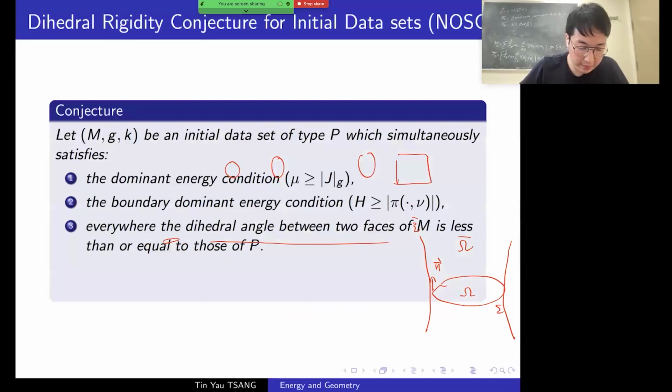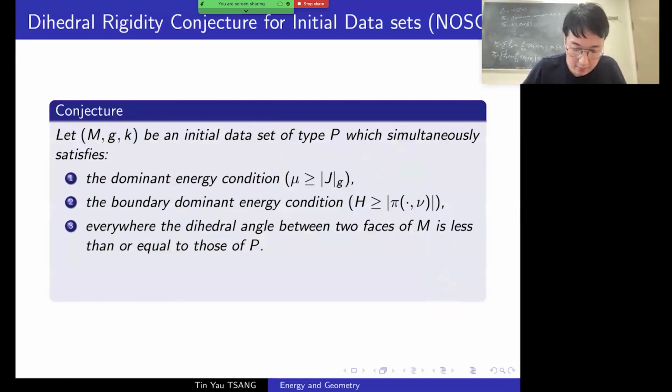This is the following. Dihedral conjecture for initial data sets, which involves not only scalar curvature. Let (M, g, k) be initial data sets of type P, which satisfy the following. First of all, in the interior the dominant energy condition is satisfied, and then the boundary dominant energy condition is satisfied.